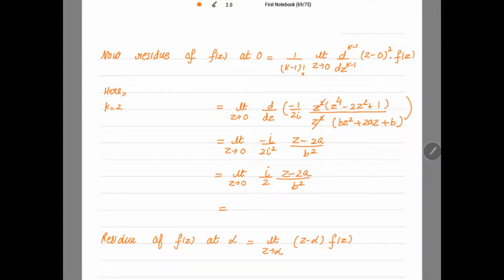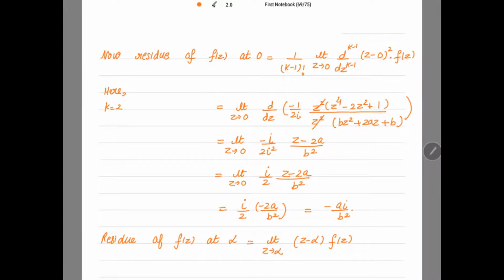Now limit z tends to 0, put z equal to 0 over here, I get i by 2 minus 2a over b square. So this is equal to, 2 cancels, minus a i over b square.